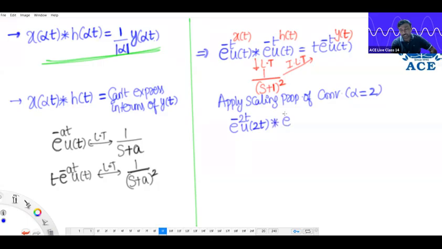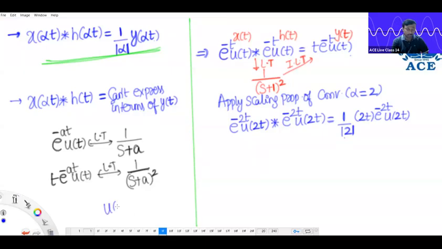Next time t is replaced as 2t. Right side in the output, what is the change in the answer, sir? Right side 1 by mod alpha y of alpha t. T is replaced as 2t. First x of 2t means wherever t is there, write 2t. H of 2t also. Right side 1 by mod alpha y of alpha t. In the output expression here, t is replaced as 2t, sir.